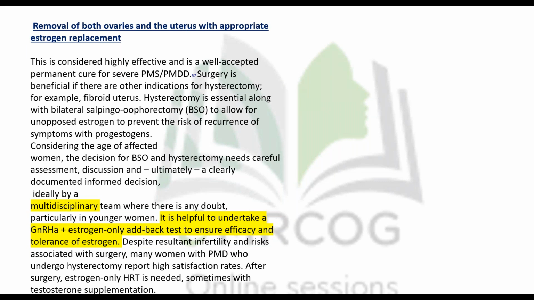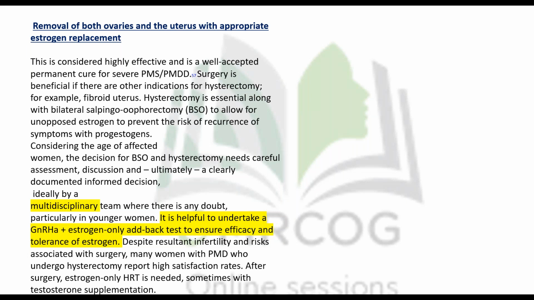Counsel about what? Counsel that the removal of the ovaries must be combined with removal of the uterus. Okay, why? Because if the woman has a uterus, then we have to give her progesterone to protect the endometrium, right?